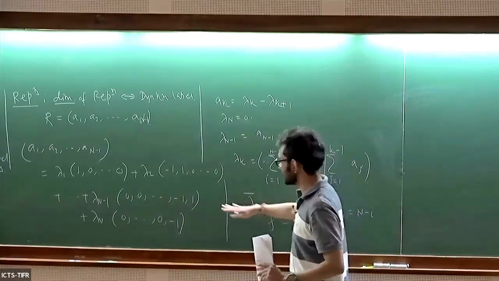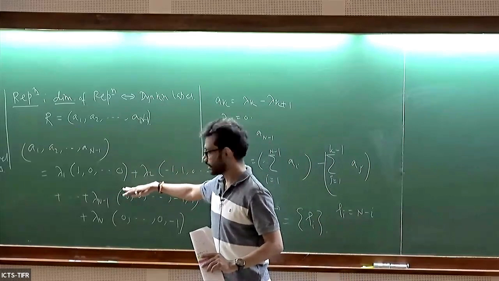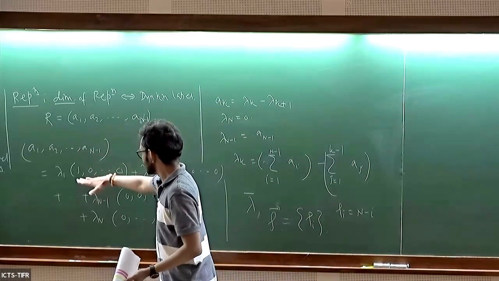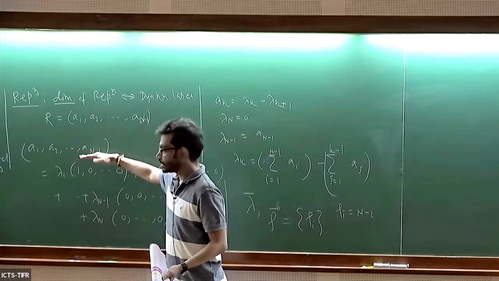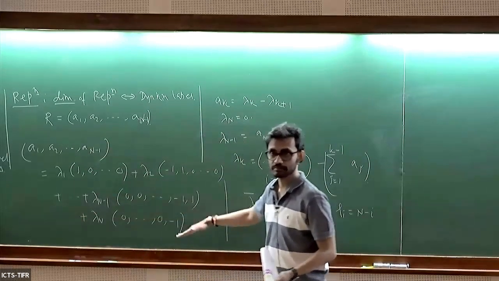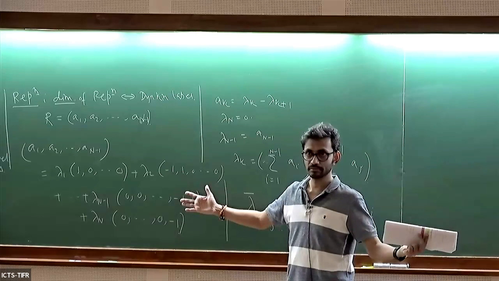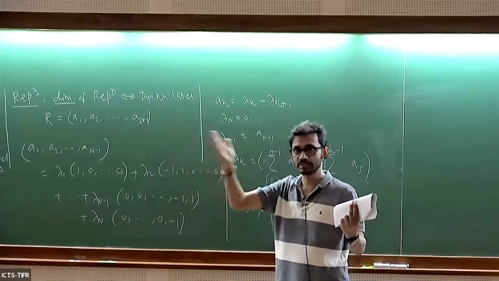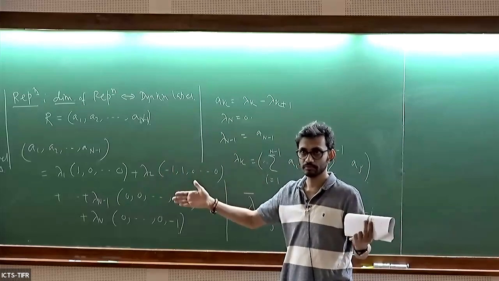Basically, you have this relation. You can think of this as a vector, so component by component you match. It's like a vector equation. The first component will match with the first component, the second with the second.